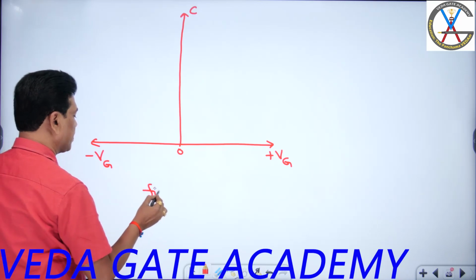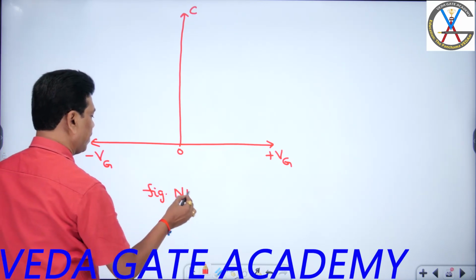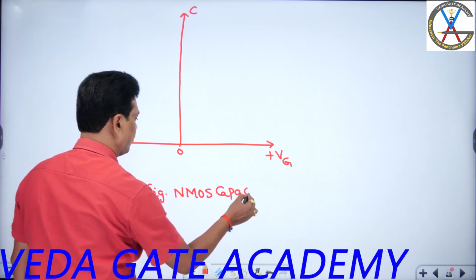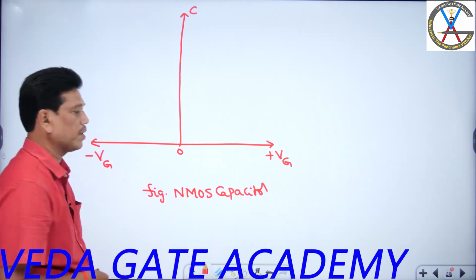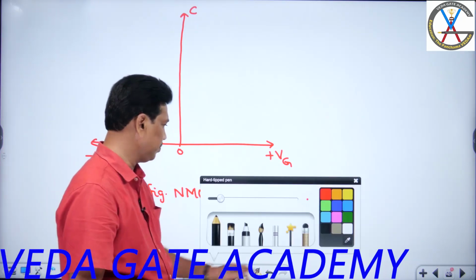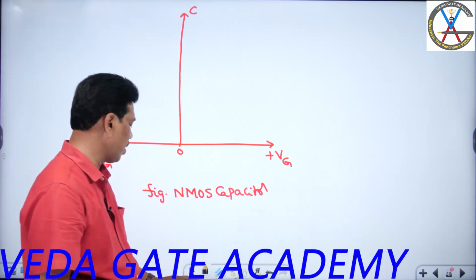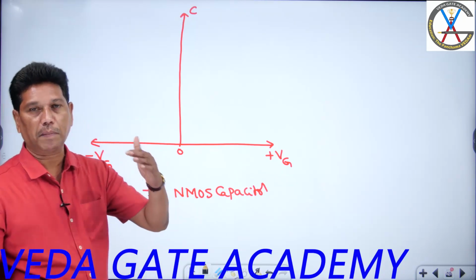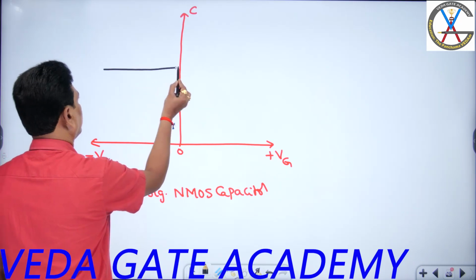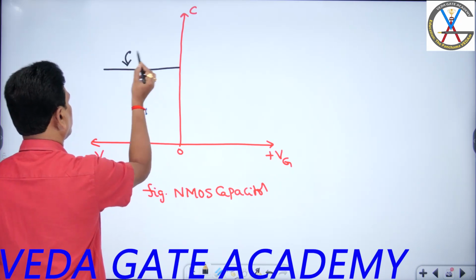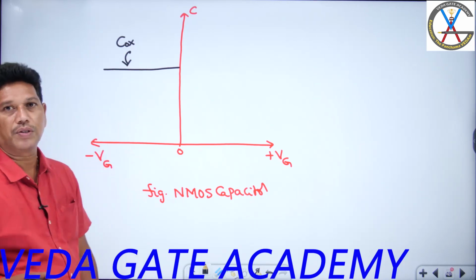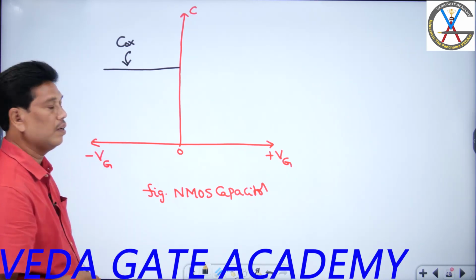This is for an NMOS capacitor, students. Now let us see what I discussed, sir. First, for 0 or negative voltage, it is in accumulation mode, where the capacitance is maximum and constant, considered by only COX.